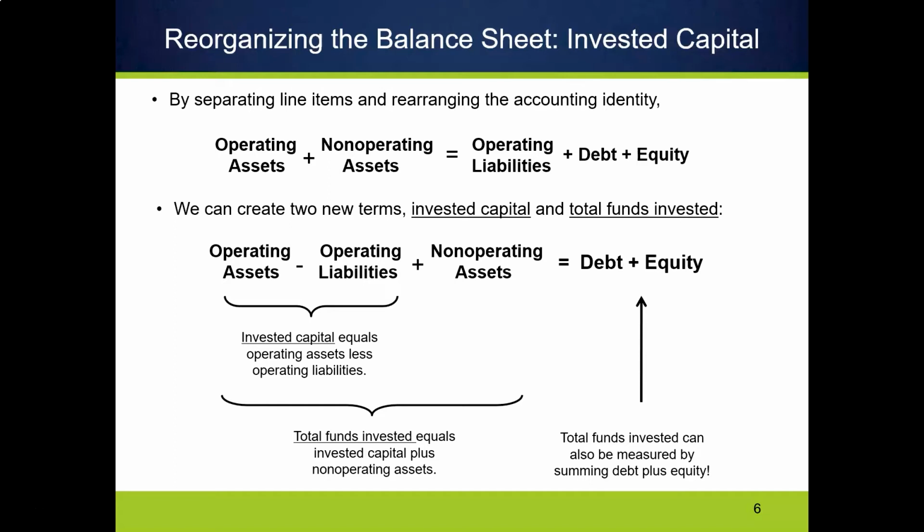Then if we add the value of the non-operating assets to invested capital, we get something called total funds invested. And the reason this is called total funds invested is because these three terms are equal to the financing that the firm has received, the firm's debt plus the firm's equity. So total funds invested is, again, the identity is not true because we want it to be true.